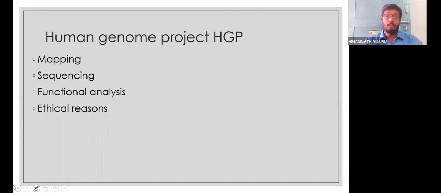Second, when it involves humans, biopiracy and misuse of the data can happen. That needs to be addressed and avoided. So the ethical reason also has to be addressed, apart from mapping, sequencing and functional analysis. That's the main objective behind this Human Genome Project.